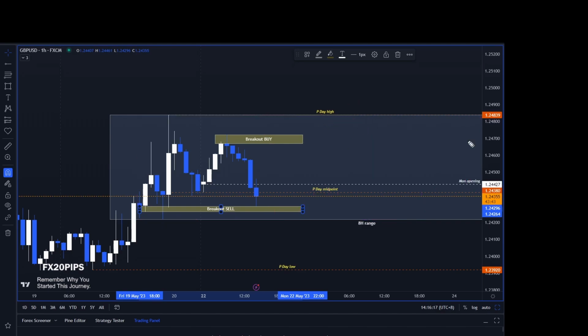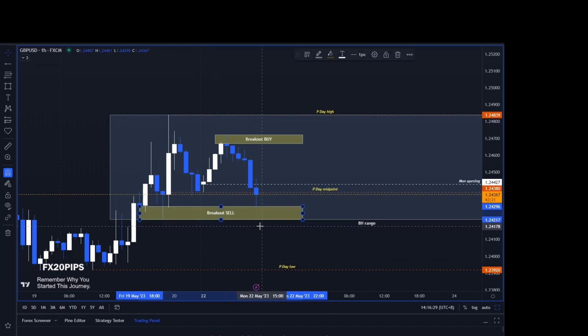Okay? Alright? Of course, there's more to it, and that is why it's not recommended to put the breakout sell here. Might as well you just put it all the way to the bottom here, where this is the lowest bid, and then let's put it here. Alright? So again, you measure this, it will be 7.8 pips. Right?